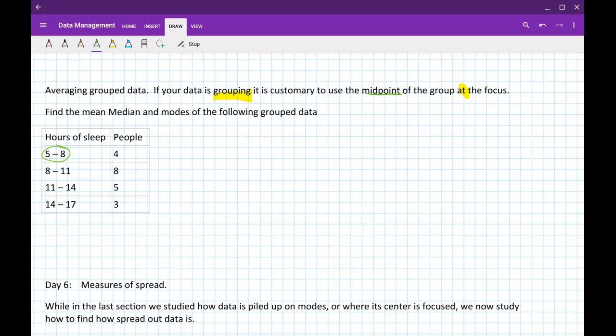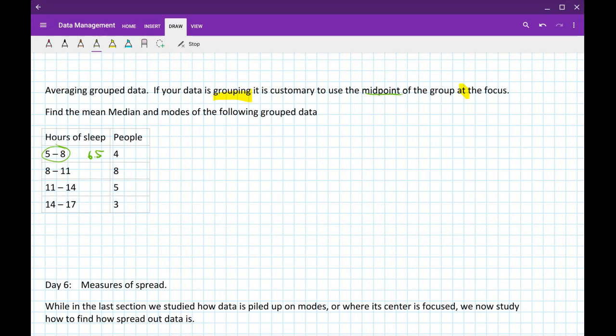So how do I find the halfway point? Well, when they're close like this, you just go 5, 6, 7, 8. So there's three numbers between them. So half of that is 1.5. Add that to 5, and you get 6.5, right? So these guys are going to be a 6.5.